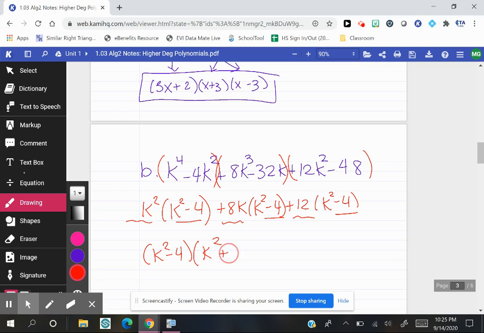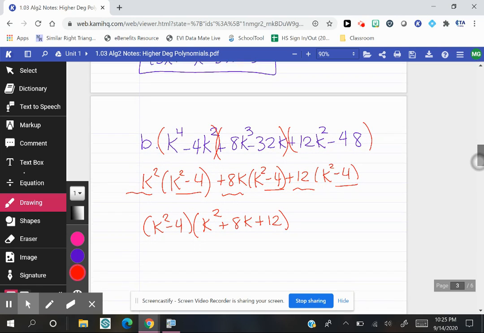So k squared plus 8k plus 12. Now we always want to see if we can factor further. So I notice here, k squared minus 4, that's a difference of 2 squares. So I can factor that as k minus 2 and k plus 2. And this, I notice I can also factor because I know there are 2 numbers that multiply to 12 that also add to 8, which are 6 and 2.